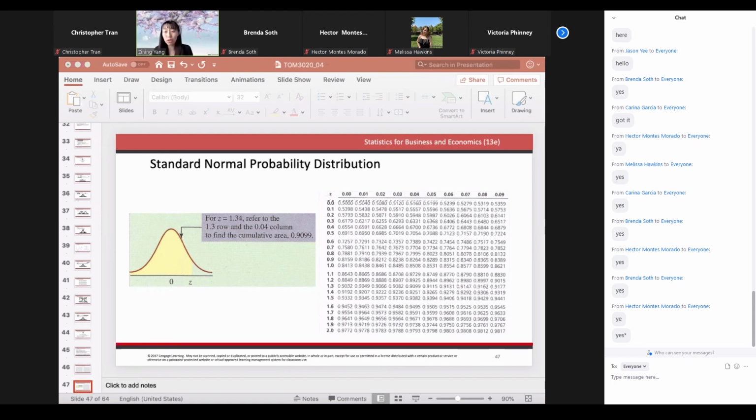Well, if your z is 1.34 and this is what you get, that means approximately 91% of other students are lower than or equal to your score. Only approximately 9% of the students are higher than you. So you are approximately at the 91st percentile of this class.